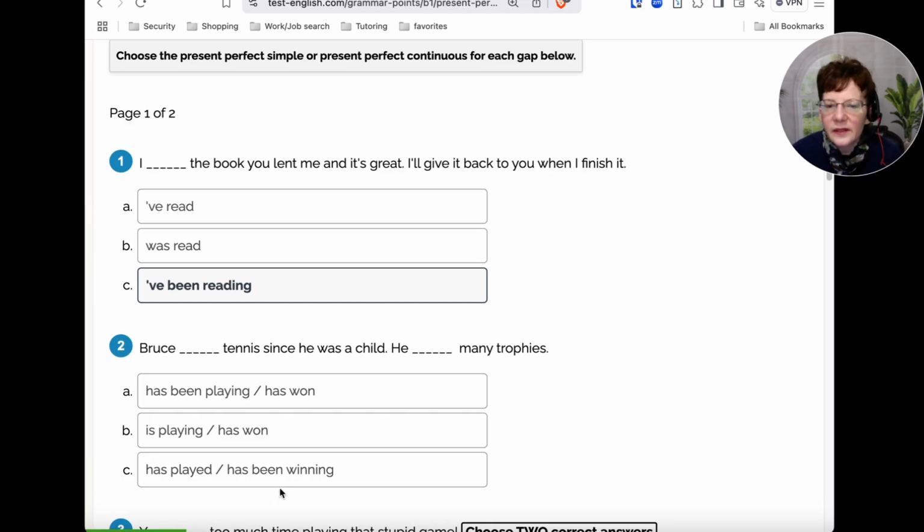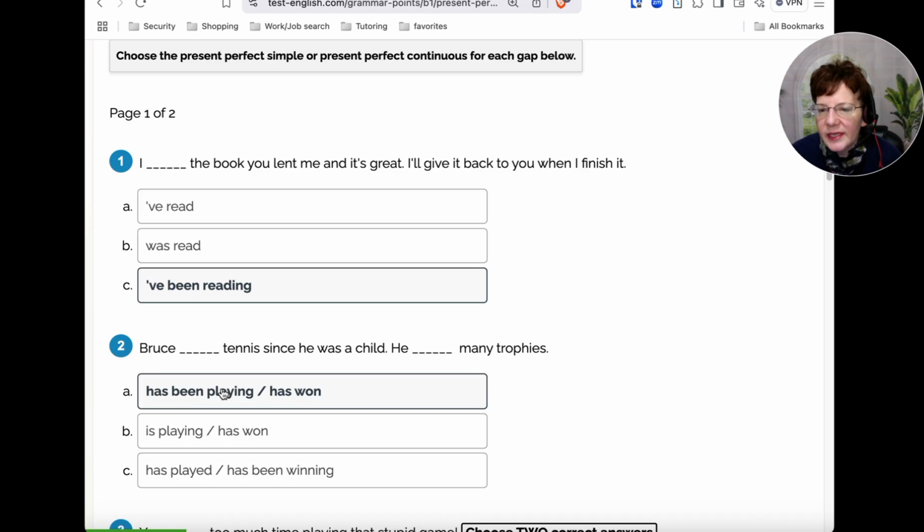So here's what we want. It started in the past and it's continuing. So if you chose option A, has been playing and has won, that would be correct. So this is the present result here.